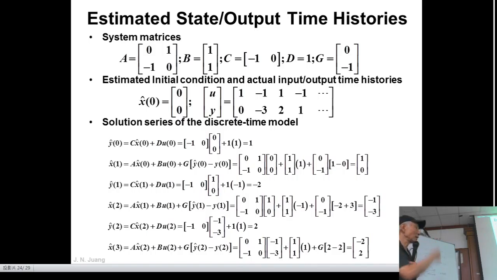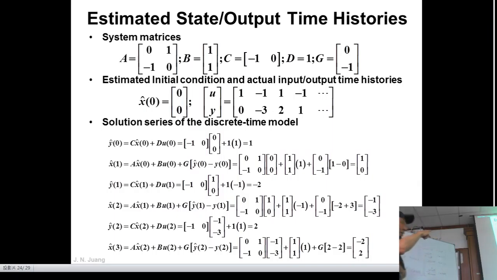If you need a state to feed back to your system, then you will need an observer unless you measure all the states. Then you don't need an observer. But if you don't measure all the states, then you need an observer to estimate those states you don't measure.